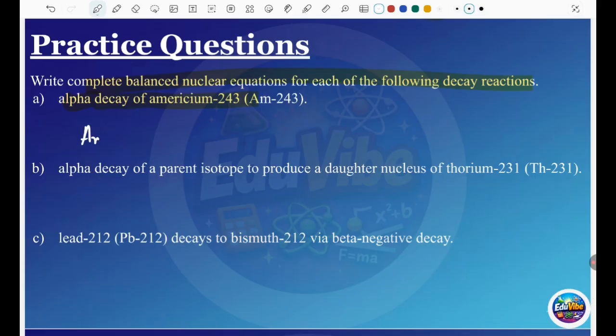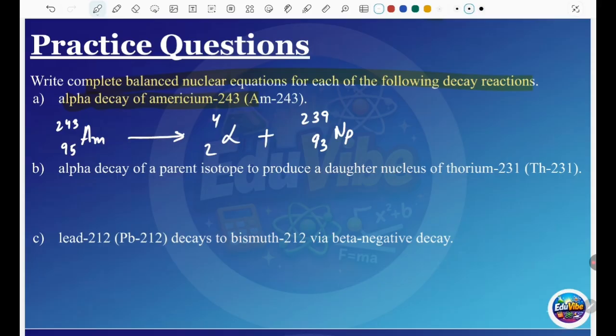So we have Am, which is 243, and you can check from your periodic table that its atomic number is 95. This will make the alpha, which is helium 4 2, and this will make another nucleus: 243 minus 4, you get 239, and then 95 minus 2, you get 93. And for the 93 number, you have Np. You can see this from your periodic table.